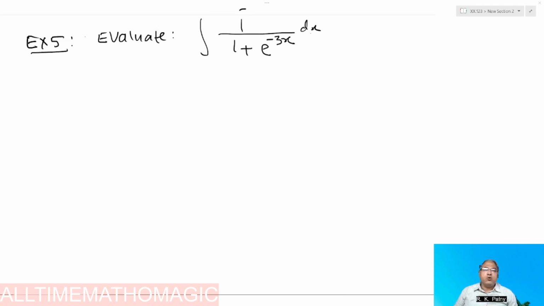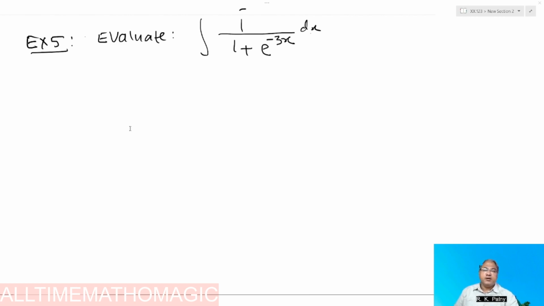Example 5. Evaluate the integration of 1 upon 1 plus e raised to minus 3x with respect to x. Sometimes the question seems not suitable for the substitution method, but on algebraic simplification it becomes suitable for the substitution method.